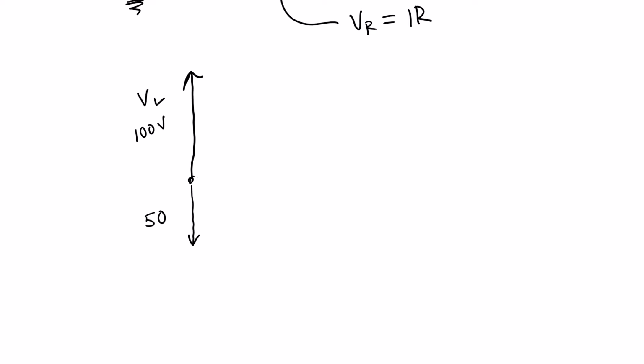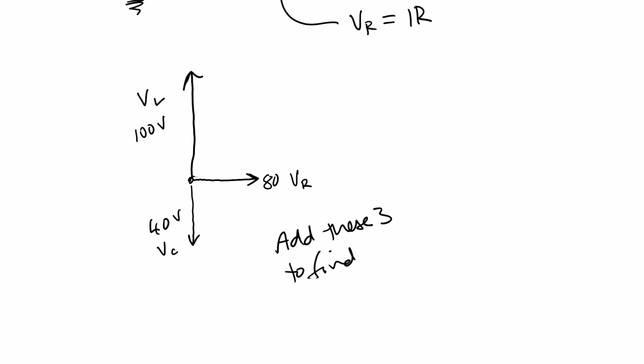Actually, let's not use 50, let's use 40 volt across the capacitor, and let's have 80 volt across the resistor. How do we add these three to find the voltage of the supply?